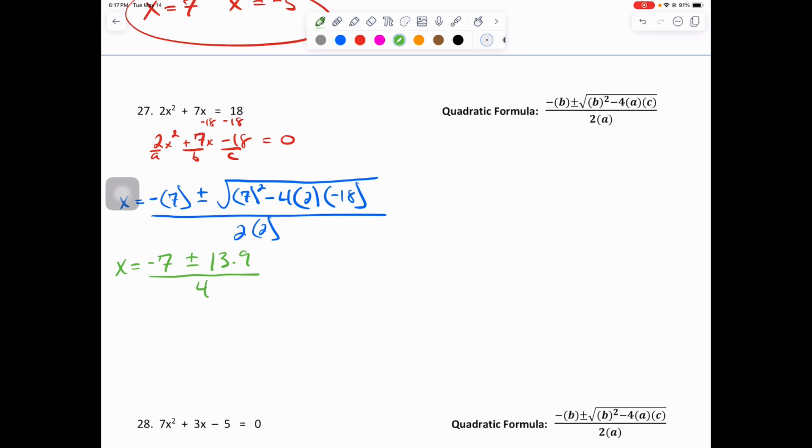2 separate equations. And from here, we will go orange followed by gray. We have x equals negative 7 plus 13.9 divided by 4. And then we have x equals negative 7 minus 13.9 divided by 4.